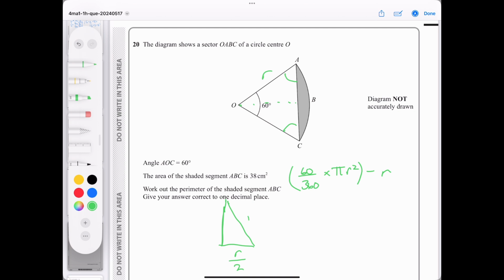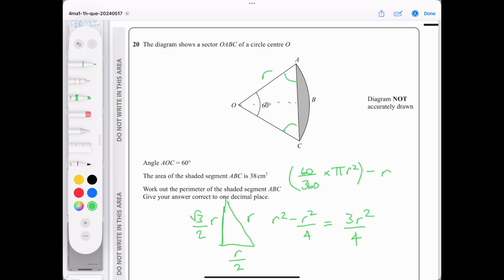So r squared minus r squared over 4 equals, it's basically a quarter of r squared, so that would be 3 r squared over 4. And it's the square root, so it would be root 3 over 2 r.